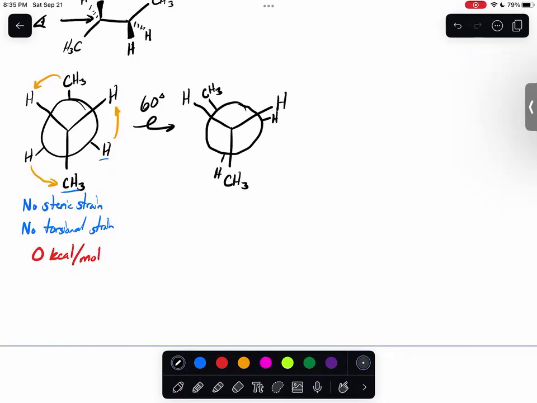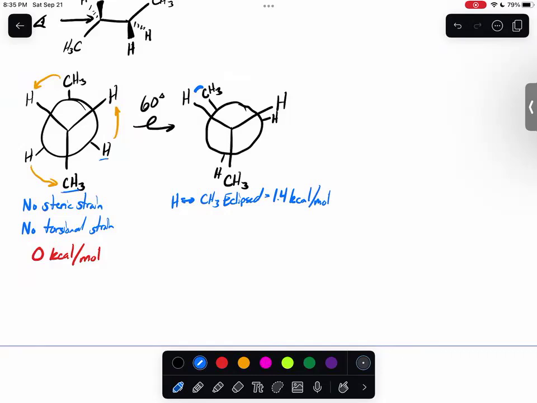You would see that our hydrogen and CH3 eclipsing interaction is going to have a value of 1.4 kcals per mole. All right. And there are two of these, right? Because we have the hydrogen CH3 overlap there.